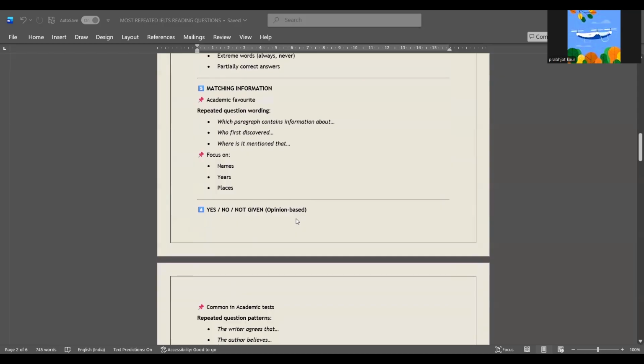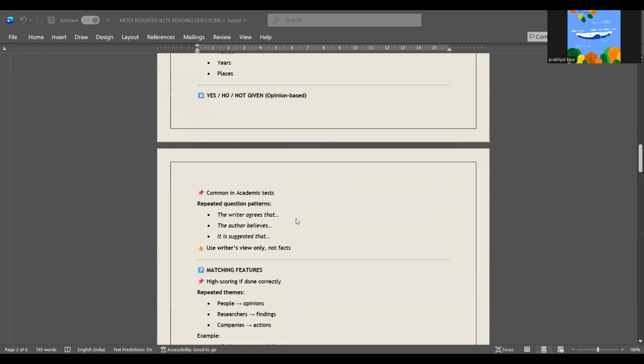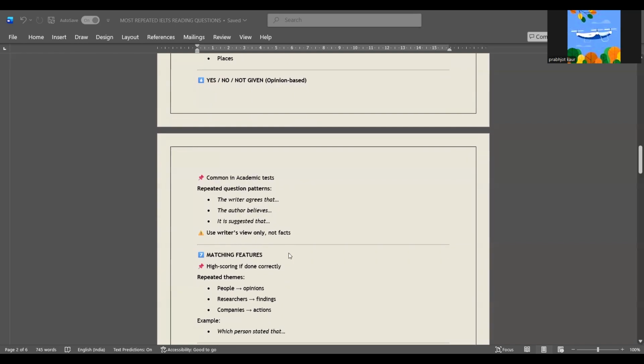Yes, No, Not Given is opinion based, not fact based. Repeated question patterns include "agrees that," "writer argues that," and "author believes," not facts.